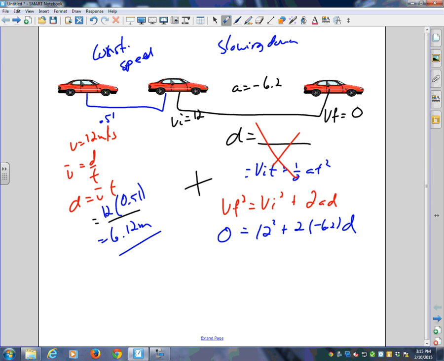It was 144 seconds squared, and then times 2 is the negative also squared. And then you have to figure out the one on the other side. Yeah, that's better.